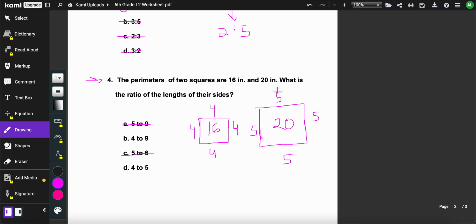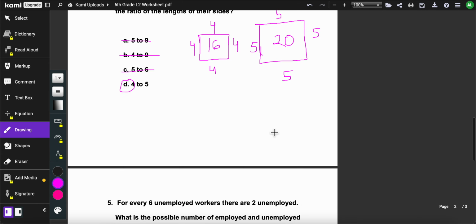And again, if you add them all up, you should get 20. So immediately now we know that B is not the answer and D should be the answer because each side of the 16-inch perimeter square is 4 and each side of the 20-inch perimeter square is 5.